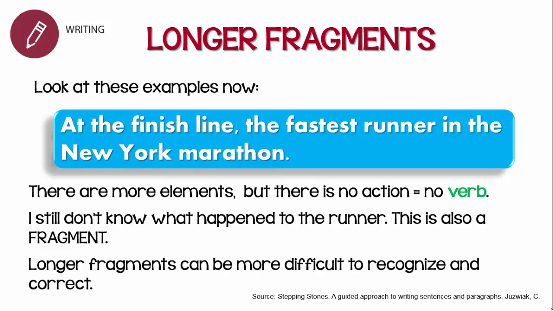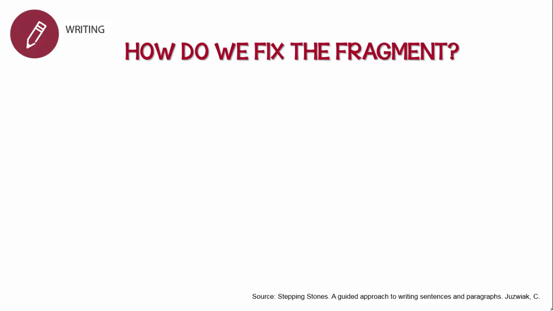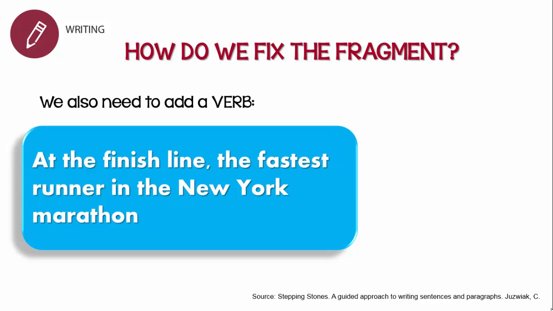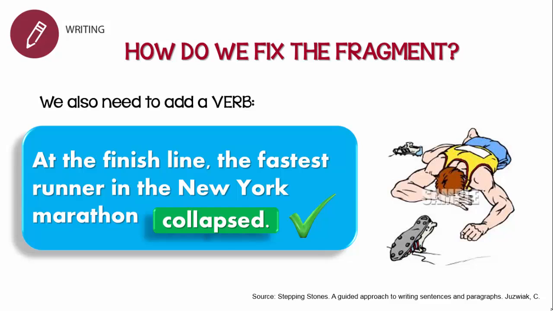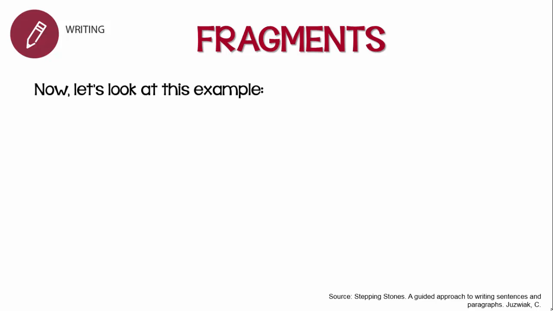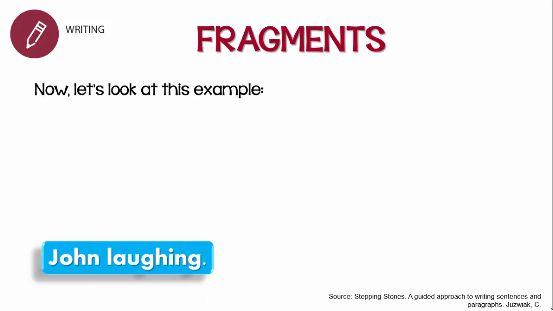Longer fragments can be more difficult to recognize and correct. How do we fix the fragment? We also need to add a verb. At the finish line, the fastest runner in the New York Marathon collapsed. And so we have turned a fragment into a correct sentence. Now let's look at this example.